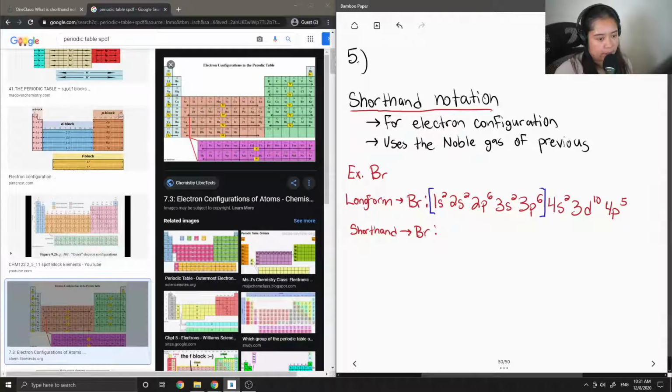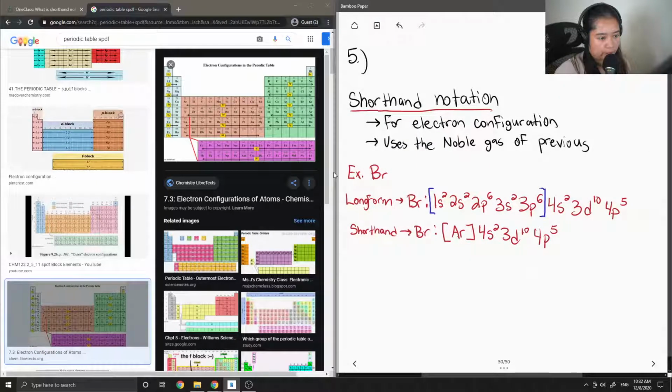So it's this whole thing. So in the case of bromine, the noble gas that came before it is argon. So we can write argon in square brackets and then just go on to the next row and continue writing just 4s2, 3d10, 4p5.